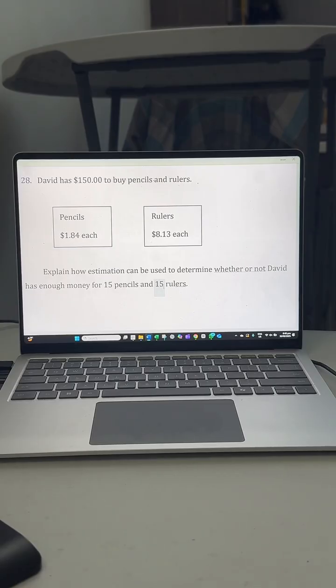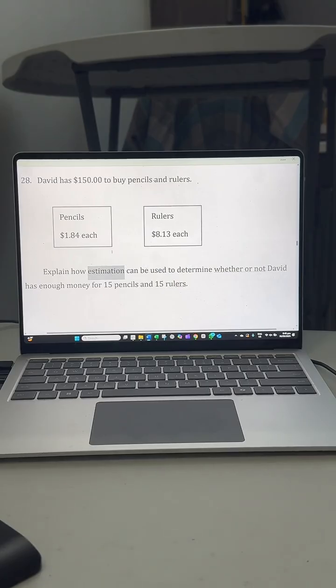This is a strange kind of question, so you have to think. They put the words, explain how estimation can be used. From the time you see the word estimation, you have to think round off. That is a very important word.